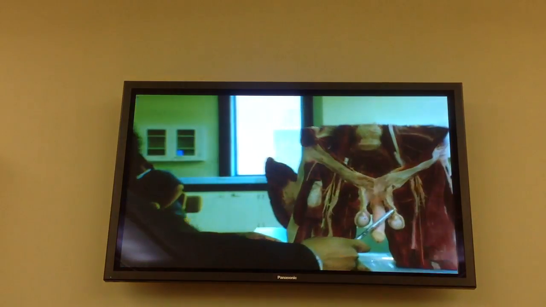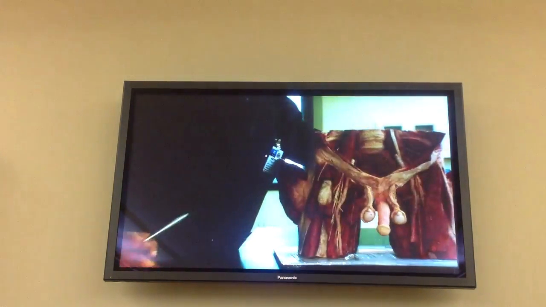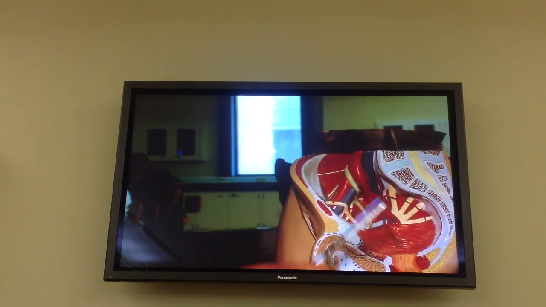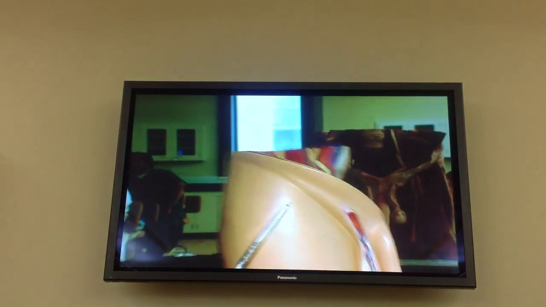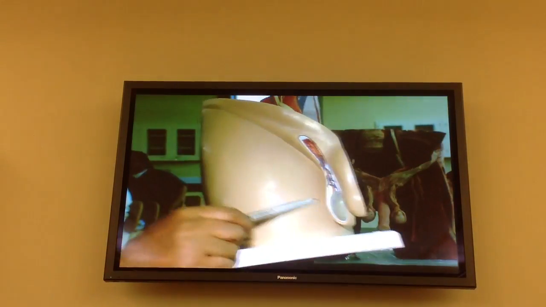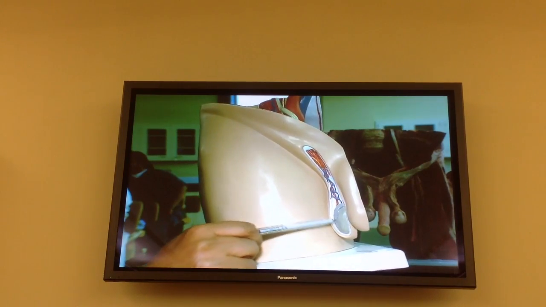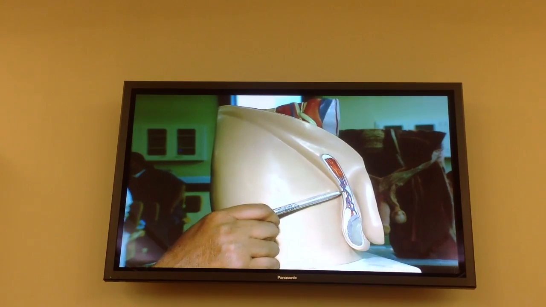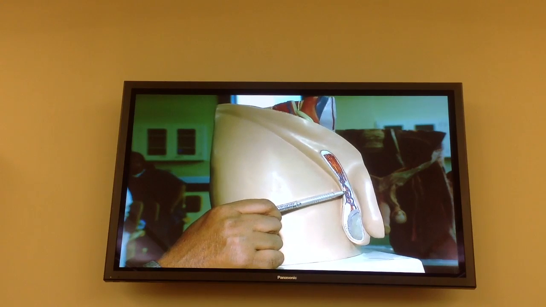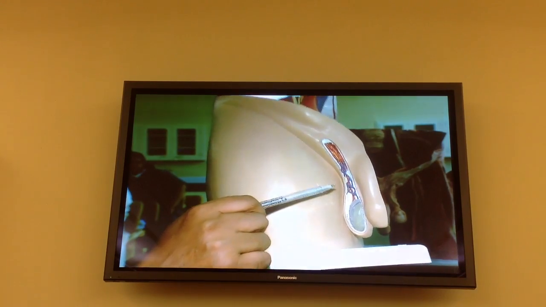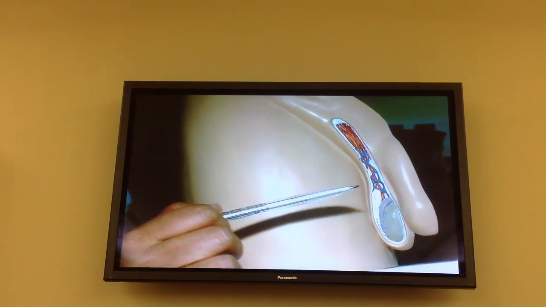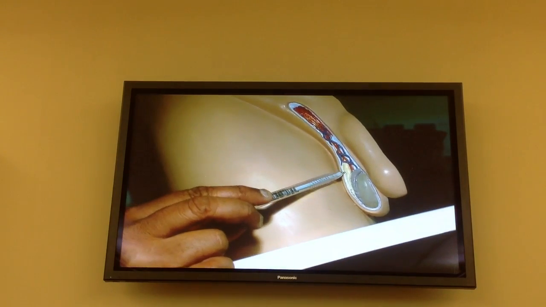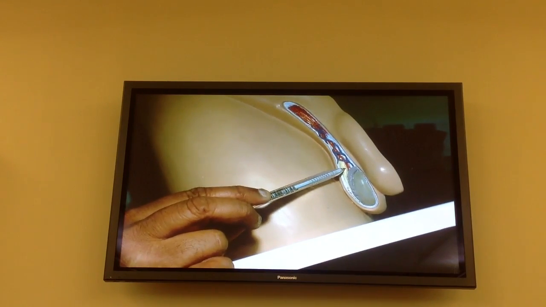I will show you in this diagram, in this model. Just see. This is, you see, testes inside, and the whole, all of it, blue, red, white, all, is called spermatic cord. But when I come closer to this camera, this white thing, white tube inside, is called ductus deferens.